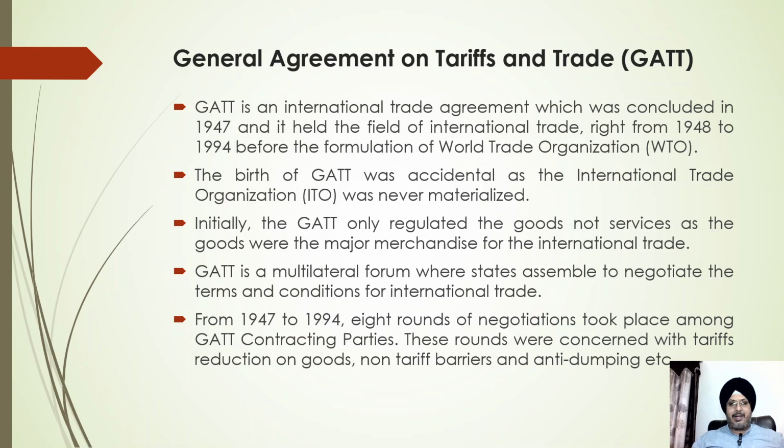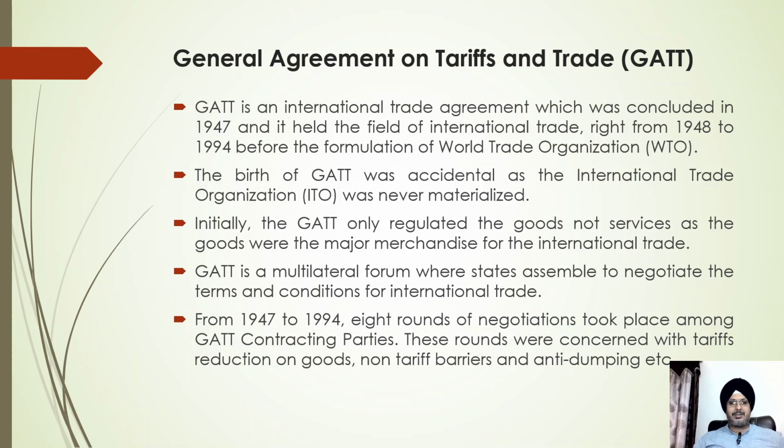However, the birth of GATT was purely accidental. Why was it purely accidental? Because before the birth of the GATT, the European countries were negotiating on one of the most important international organizations, that was known as the International Trade Organization, ITO.